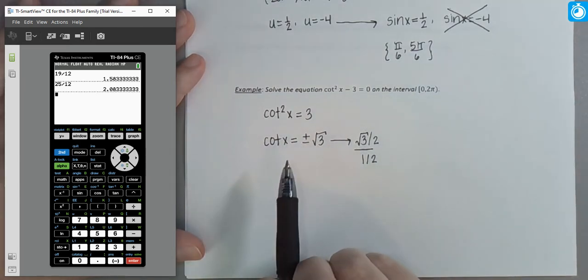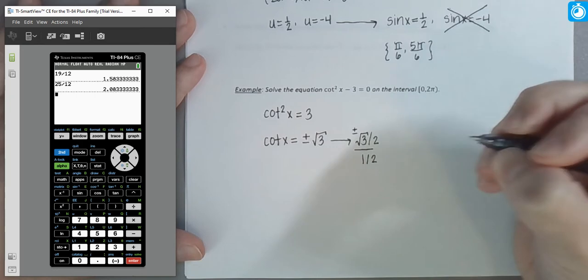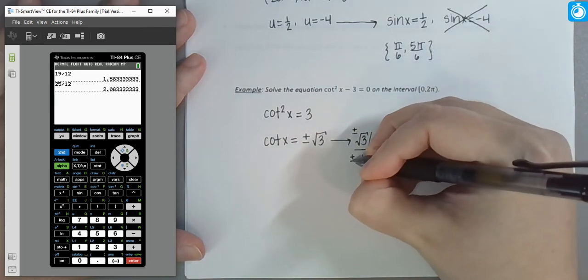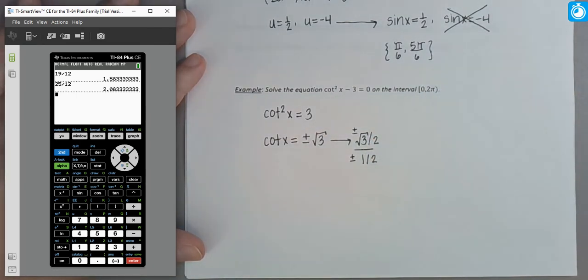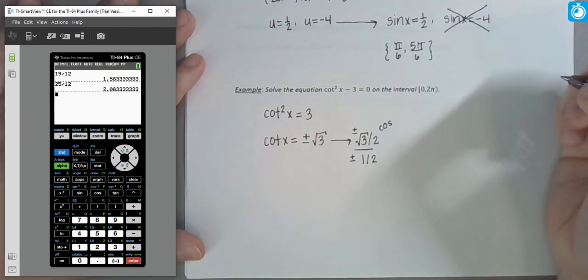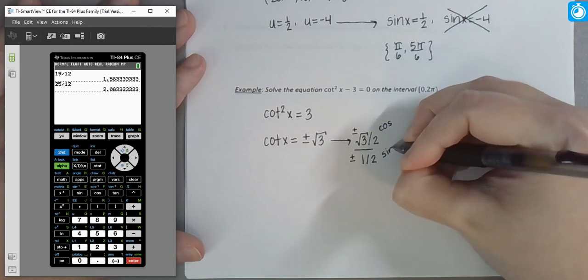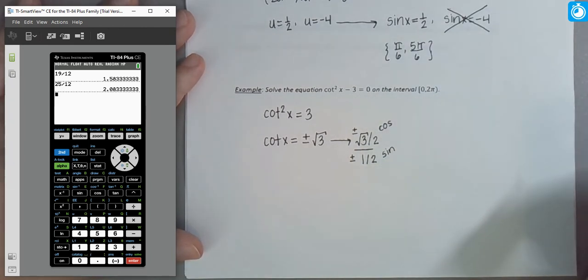But because we're looking at situations where our cotangent could be positive or it could be negative, we want to consider situations where each of these values is positive or negative. So since it's cotangent, we're looking at a cosine of positive or negative root 3 over 2, and we're looking at a sine of positive or negative 1/2.